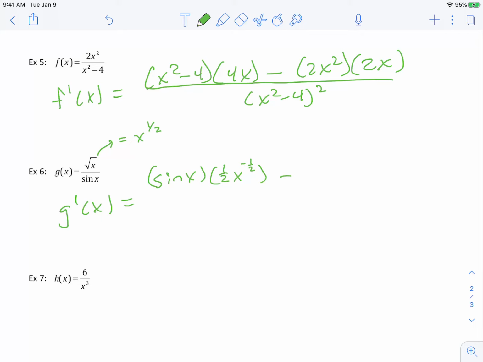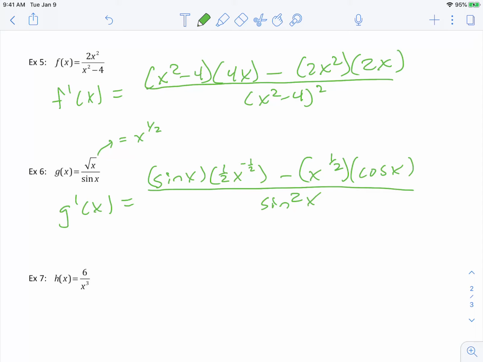Minus, and now we have x to the 1/2, because that's high. And then d low, so the derivative of the denominator is cosine of x, all over low squared, so that'll be sine squared of x.